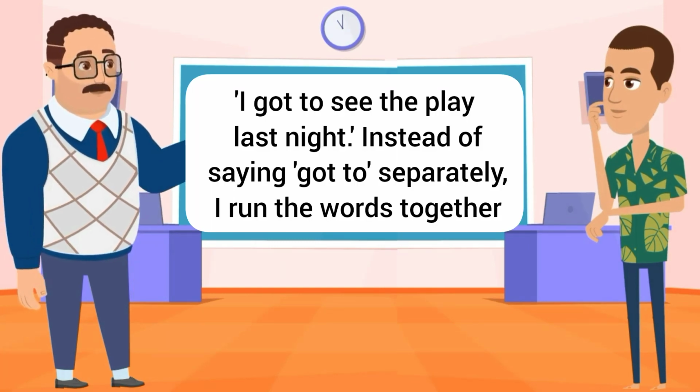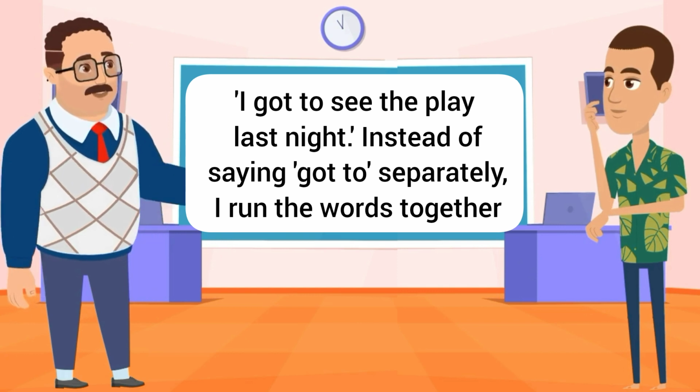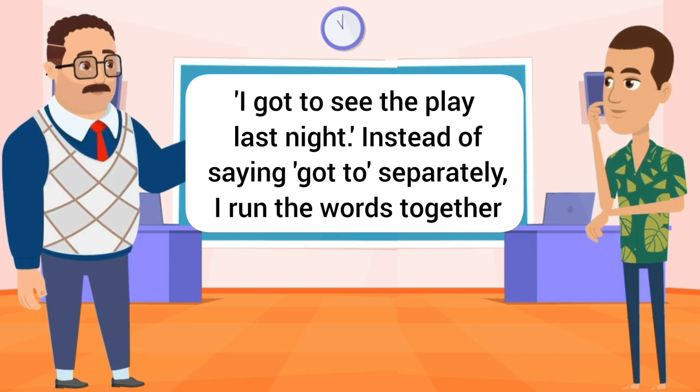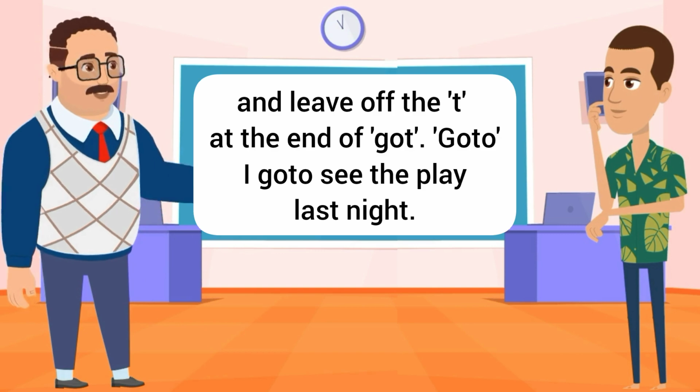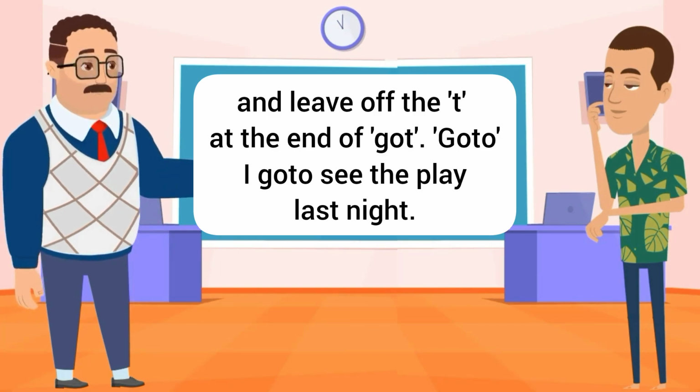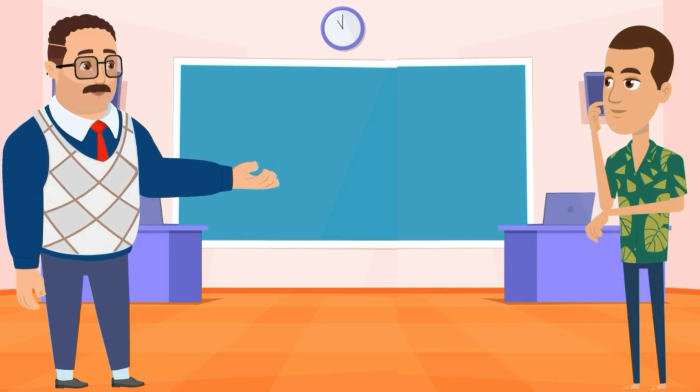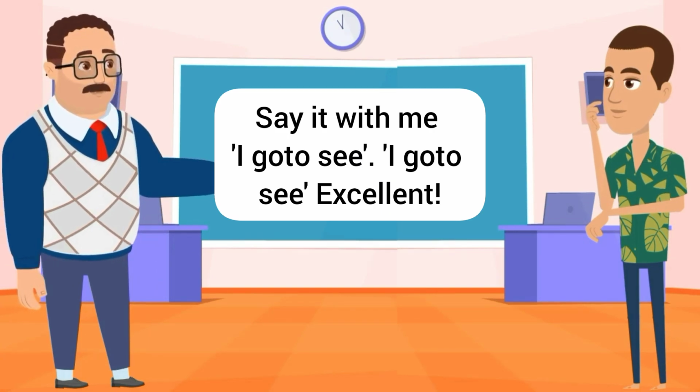Instead of saying got to separately, I run the words together and leave off the t at the end of got. Go to. I go to see the play last night. Say it with me. I go to see. I go to see. Excellent.